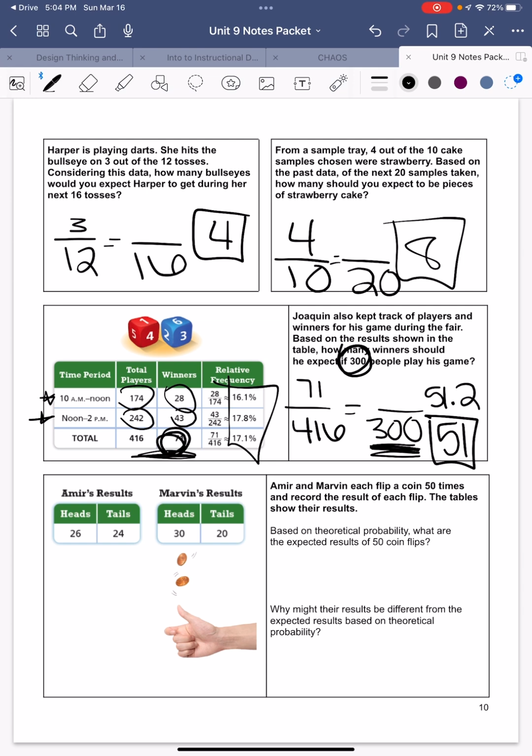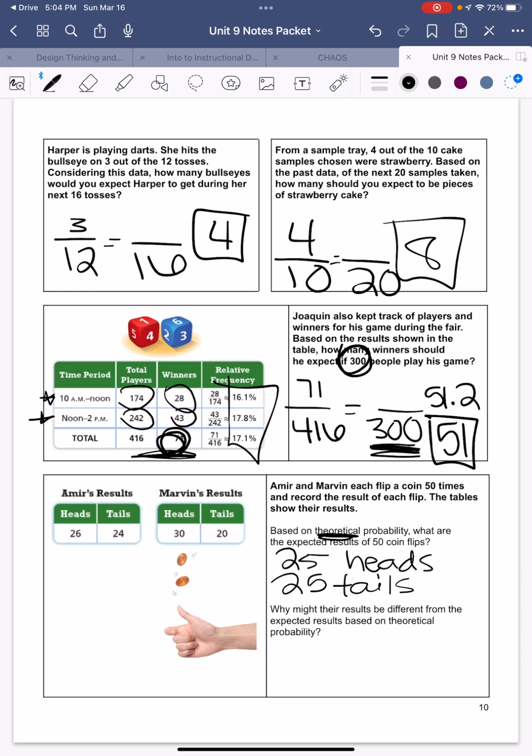And the last one here is Amir and Marvin each flip a coin 50 times and record the results. So based on that, theoretically, what do we expect? So theoretically, 50% of the time, so 25 times they should get heads, and 25 times they should get tails. That's what we expect theoretically. Why might their results be different from the theoretical probability?